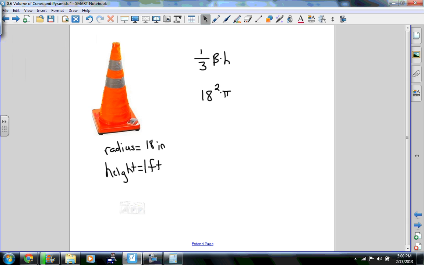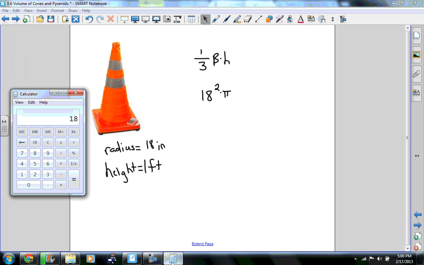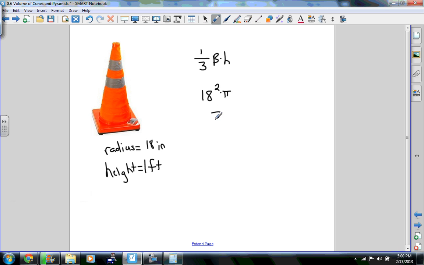18 times 18, 324, times pi. Remember, you can make that a decimal if you want. Take that times our height, which is 1 foot, but the problem is that's feet, that's inches. So this has to convert to 12 inches.